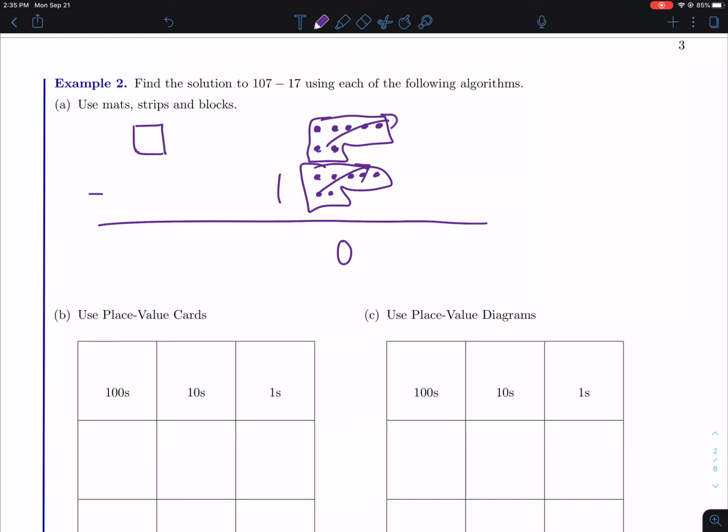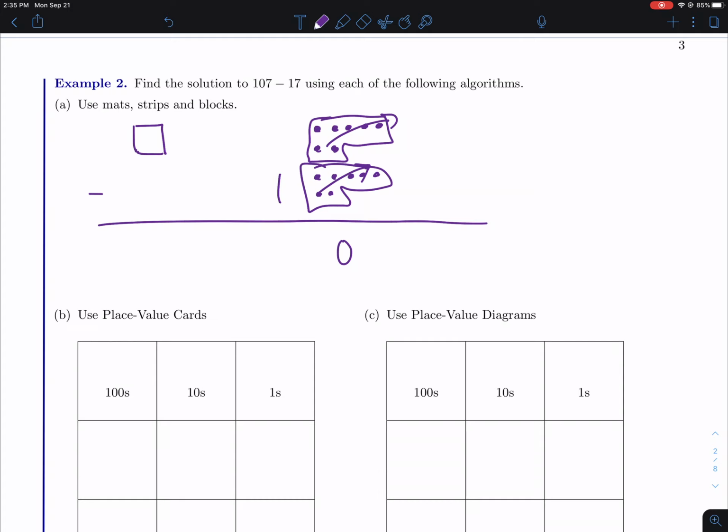So now the goal is I'm trying to take 1 away from nothing. Well, I can't really take 1 away from nothing without somehow going into debt. So this is kind of the same idea of the grouping that we were doing before, but now what we want to do is ungroup it. Because in order for me to take 1 strip away from 107, I have to actually have some strips to begin with.